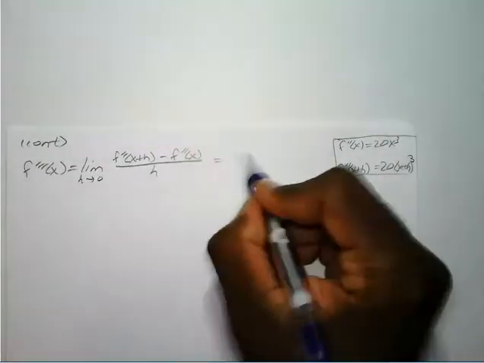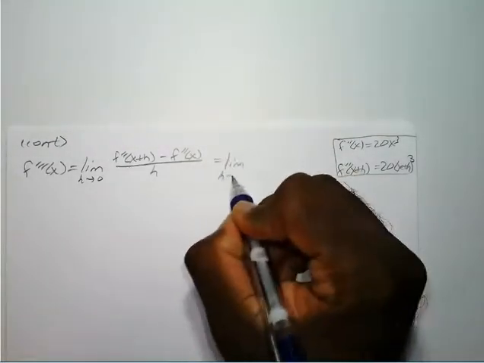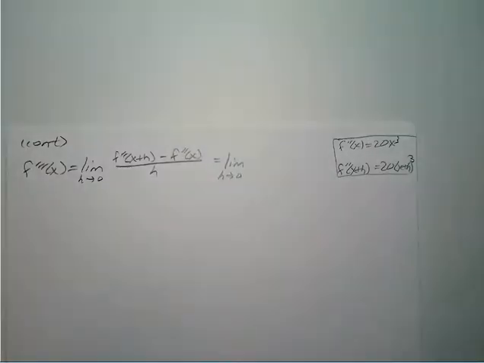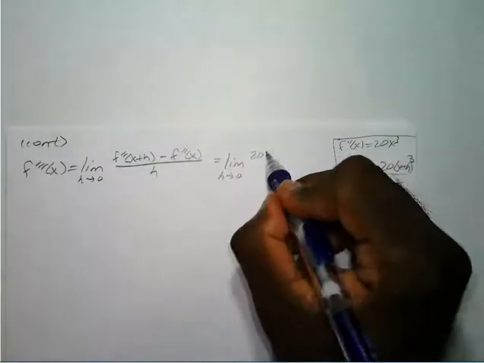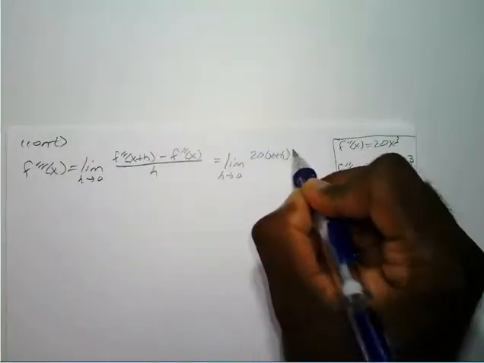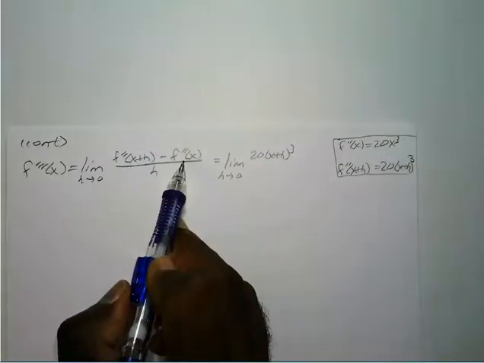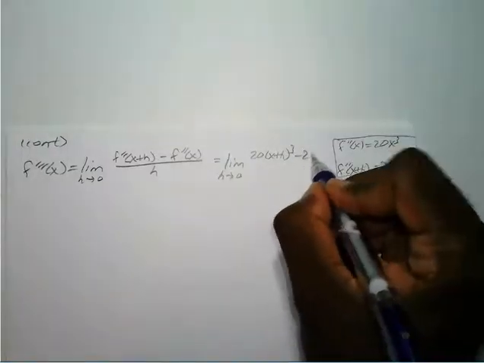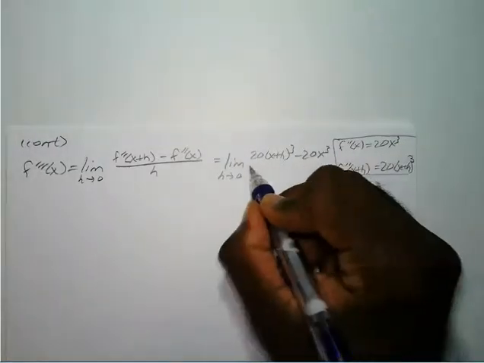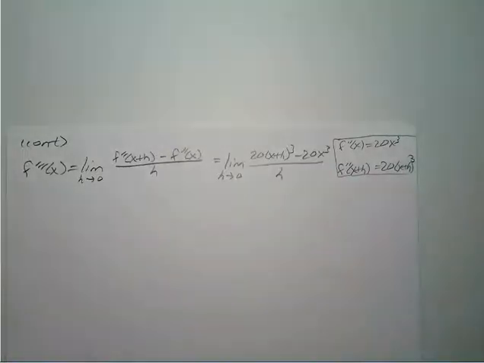Okay, so that's going to equal the limit as h approaches 0 of 20 times x plus h to the third minus your second derivative, which is 20x to the third, all over h. Okay, so that's what we're starting with for our third derivative.